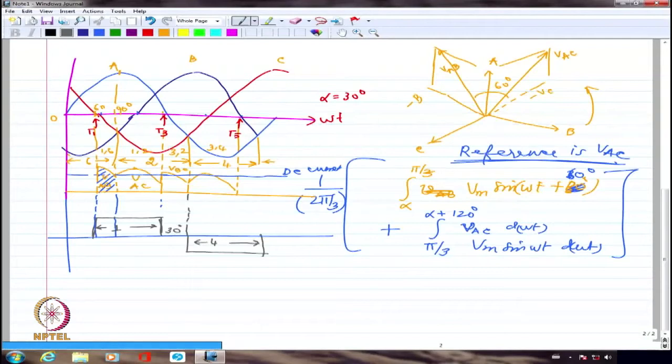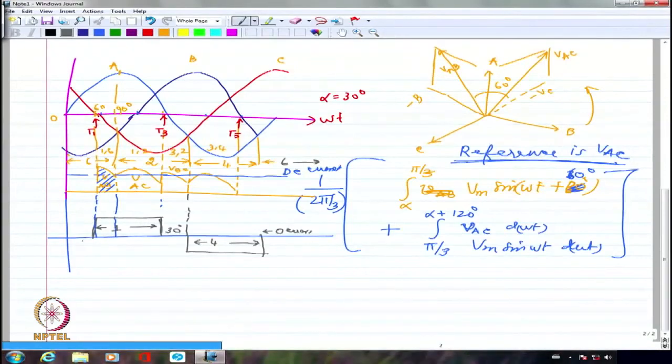Whereas here, for this entire duration, 6 is going to conduct from here to here. So I am going to have zero current here, this is zero current, until I am going to have 1 coming up along with 6. So this is all zero current.